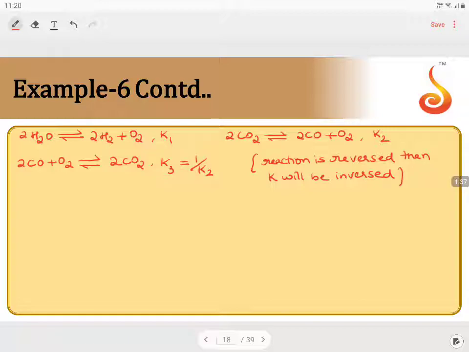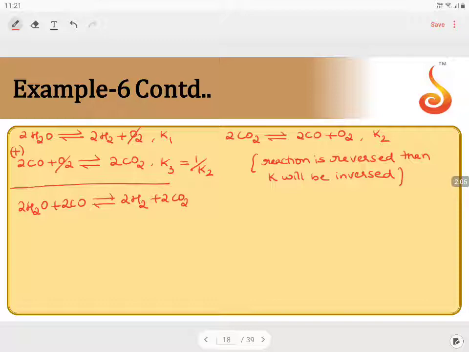Simple. So now if I add these two equations, what will happen? You see, O2 and O2 get cancelled. 2H2O plus 2CO gives rise to 2H2 plus 2CO2. Correct?